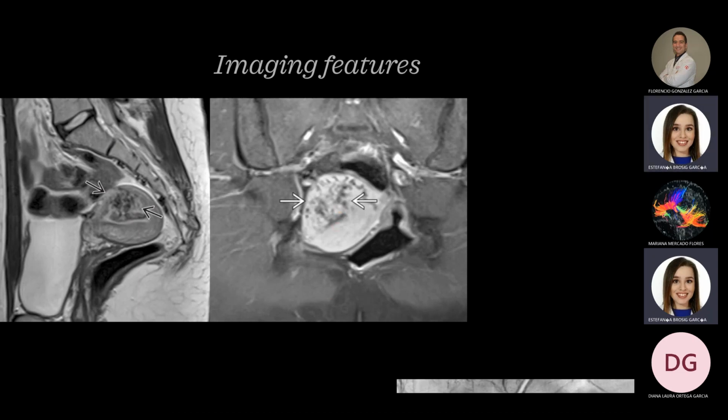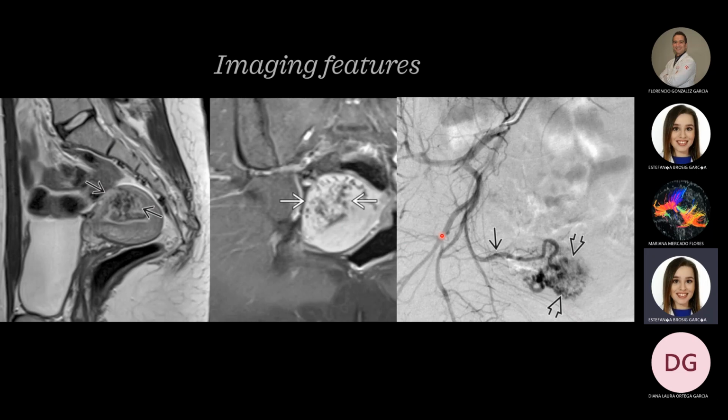Then we have a frontal angiogram on the same patient of a right internal iliac artery. Excuse me, I was distracted. Frontal angiogram of a right internal iliac artery injection in the same patient shows a prominent right uterine artery.